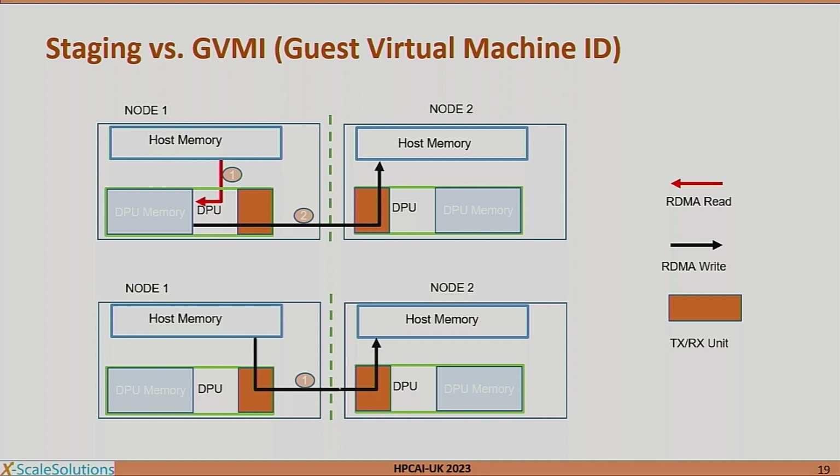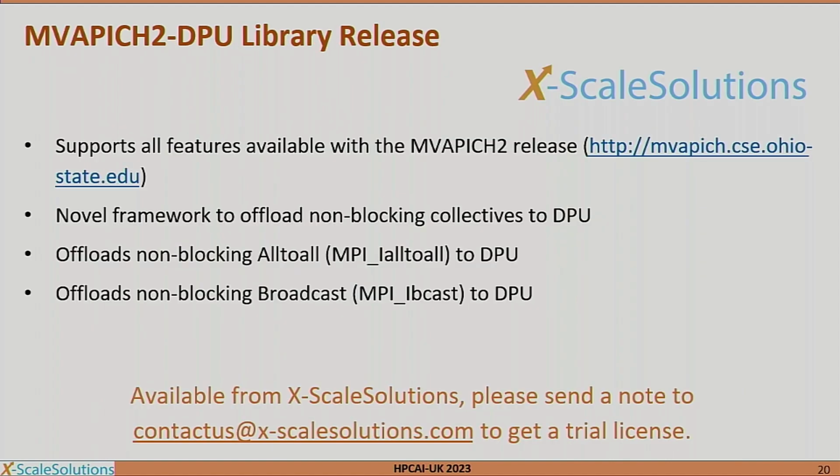Now the DPU can actually copy data from host memory to another host memory. You can do direct DMA. It's just like your secretary can take things from your folder and move them to some other folder or send them to somebody else, instead of you going to the secretary and giving the things. So that's what we have used here, and this is what we have, the MRAPIS to DPU library, and I'll try to show you some numbers.